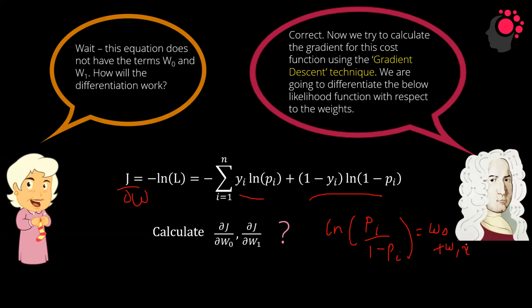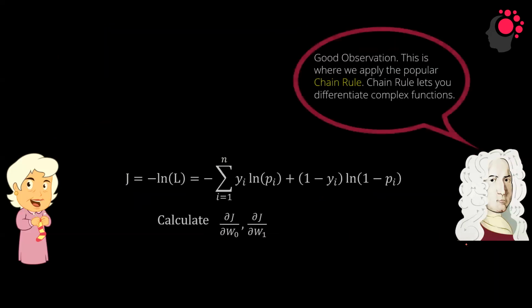We just need to dig it up. And the way we dig it up is by throwing a chain. That's where chain rule comes in. Chain rule lets you differentiate complex functions. The popular chain rule, calculus 101, is exactly what we are going to do now in order to calculate these gradients.